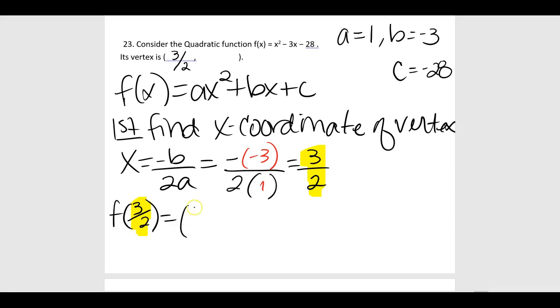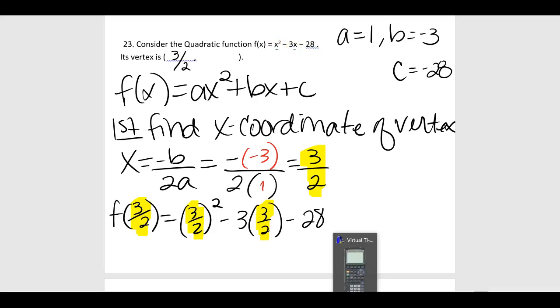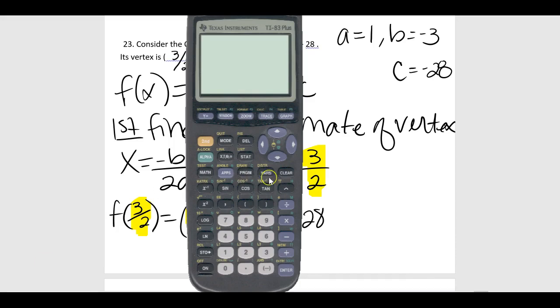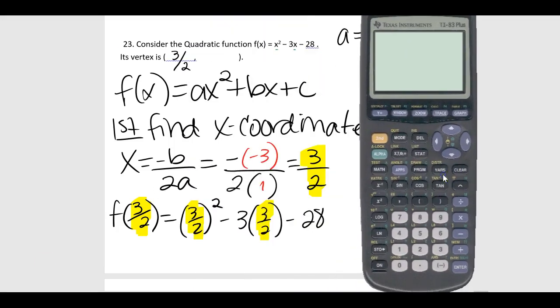So it's going to be 3 over 2 squared minus 3 times 3 over 2 minus 28. Okay, so we plugged in that x coordinate into each x term in the function. And so let's use the calculator just to kind of simplify this. And I want to just show you how you can use the calculator to use operations with fractions.